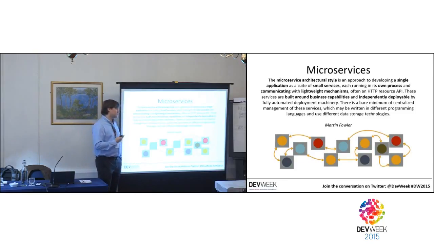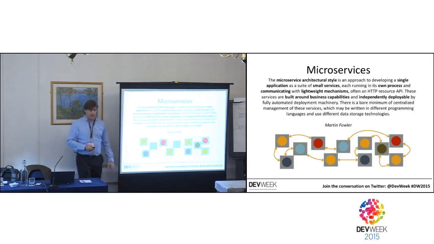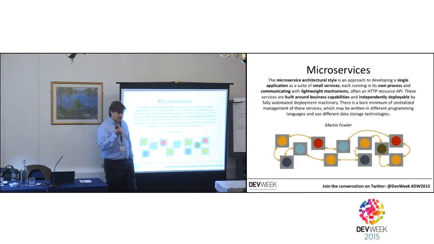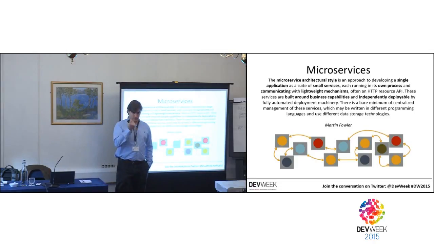So microservice is mostly an architectural style where the approach is to develop simple applications. Martin Fowler talks a lot about this, and it's very, very good. One of the things is they are very nimble, very small services. So you break the services down to a very small level.